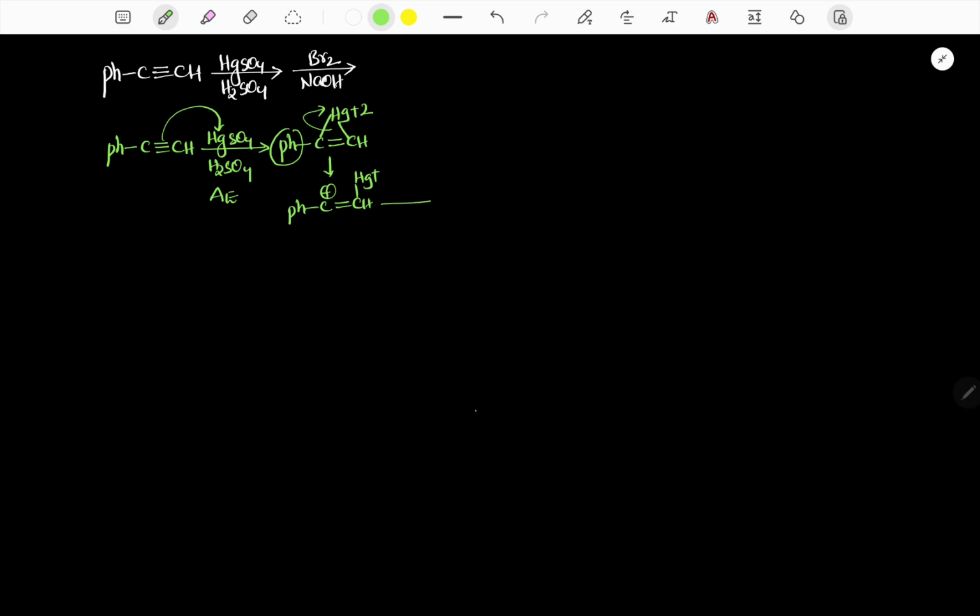Now it reacts with the nucleophile water. They sometimes don't mention it. So water attacks the stable carbocation, and finally we get the corresponding product like this.